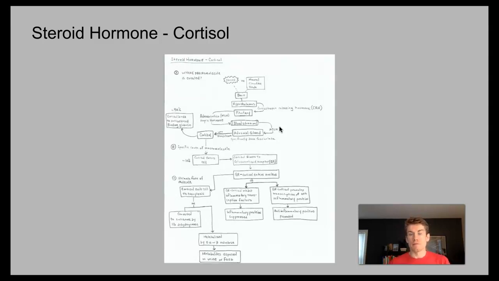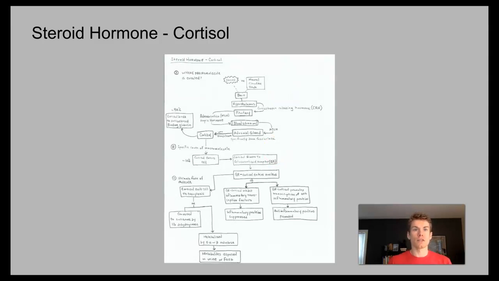However, the remaining free cortisol will permeate different cell types, so cells in the liver, muscles, the bones, adipose tissues, or neurons. And it will bind to something called a glucocorticoid receptor, this is GR in my diagram here, within these cells and promote the actual changes by cortisol.